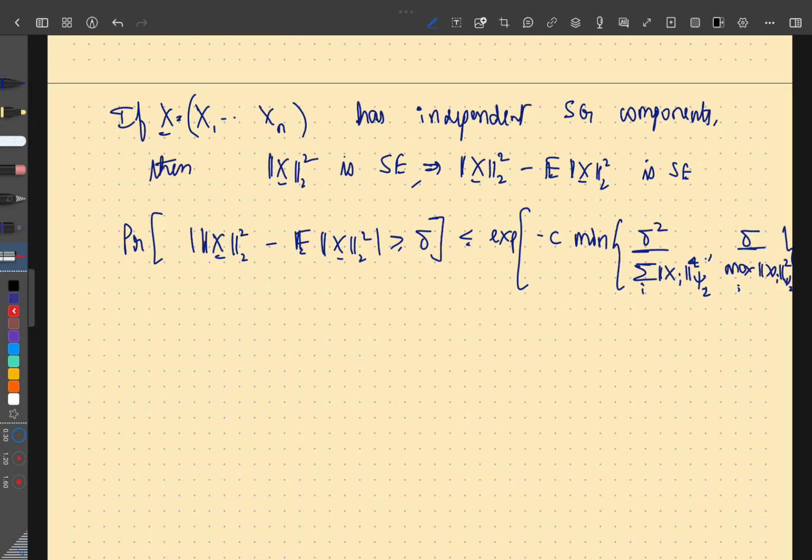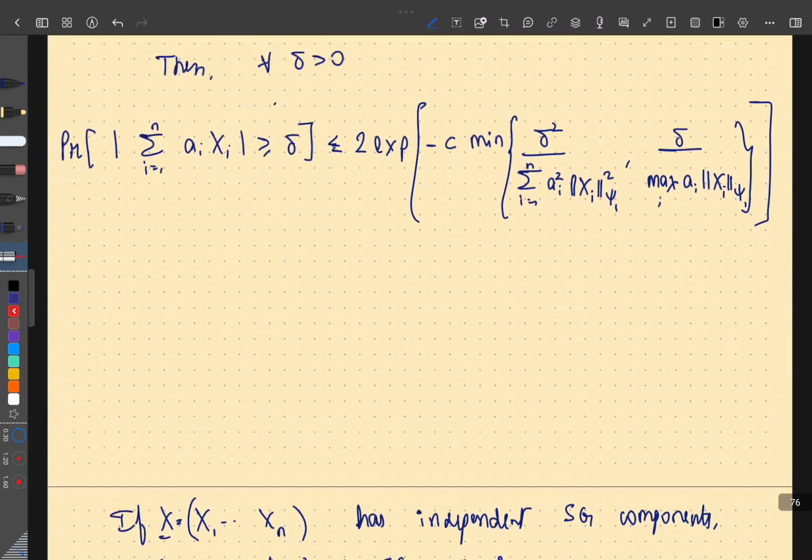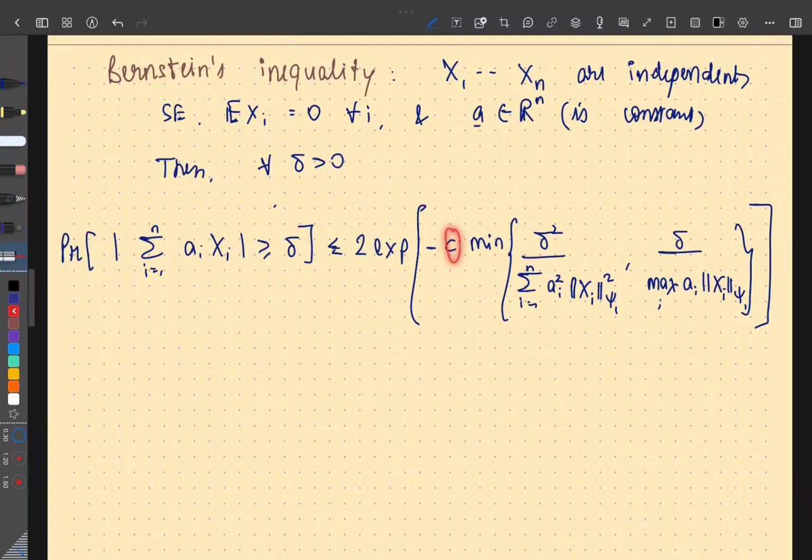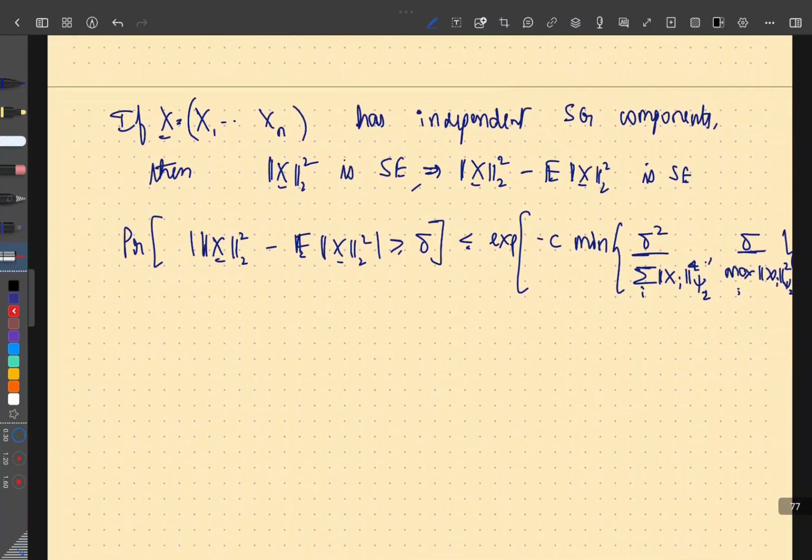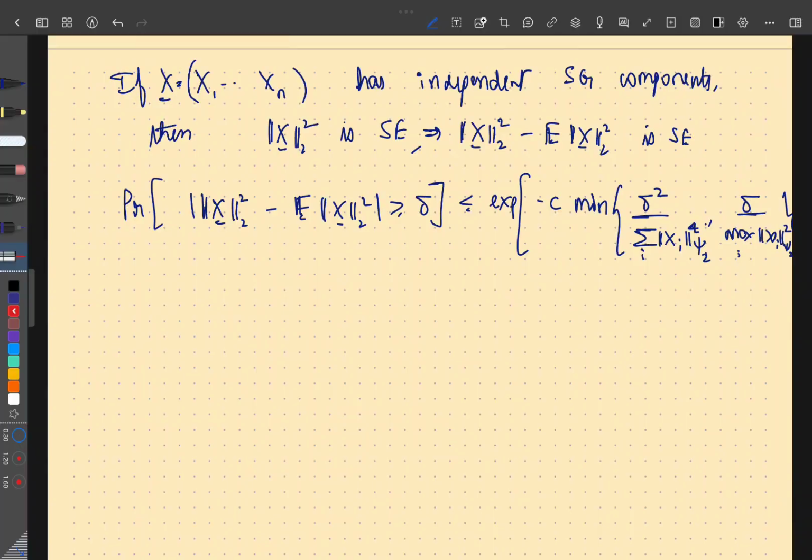Correct, because this is also sub-exponential, but the sub-exponential norm of this is at most some constant times the sub-exponential norm of this. So essentially it would be this right hand side, but there would be another universal constant in the denominator, which I'm absorbing over here. So that is why the universal constant here would be different than this over here.